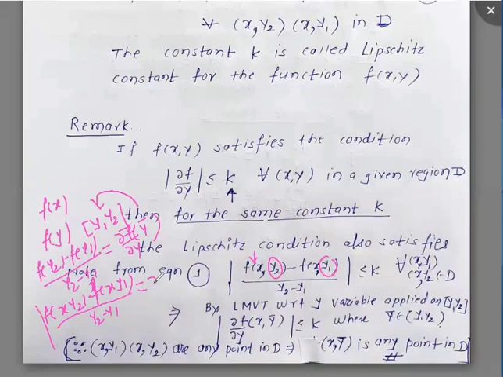So here we get the partial derivative of f with respect to y at the point, say y bar, where y bar is a point in the interval y1 y2. So that means by Lagrange's mean value theorem, this expression is nothing but the partial derivative of f with respect to y at some point y bar, where y bar is some value in the open interval y1 y2.